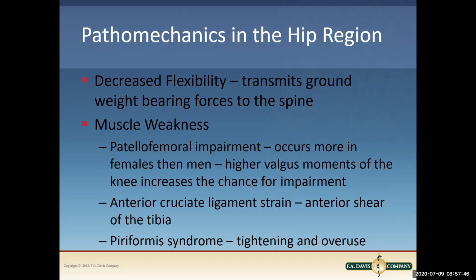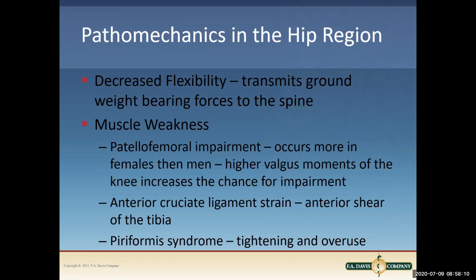And again, that's going to cause you to go into specific tilts. That's going to cause problems elsewhere. If your legs are really super tight, oftentimes that's going to transmit that ground force up to the spine. You're going to have back pain, right? So if you have back pain now and you haven't found a solution for it, try starting to stretch your legs on a daily basis and see if that helps.